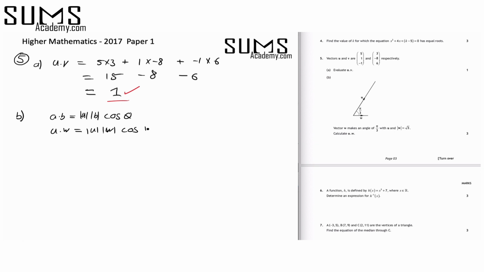So what do we have? Well, we have the magnitude of w, that's given, and we have the angle theta, which is also given. So all we need to do is work out the magnitude of u.